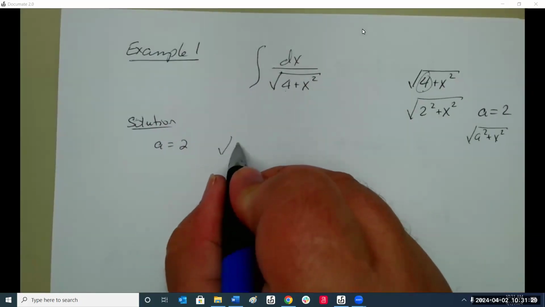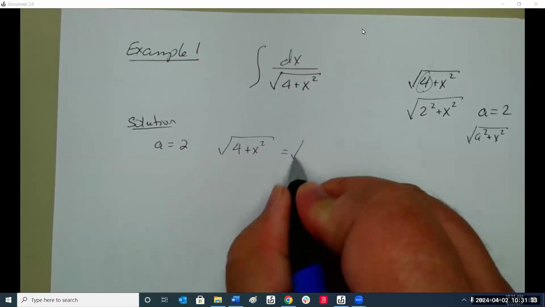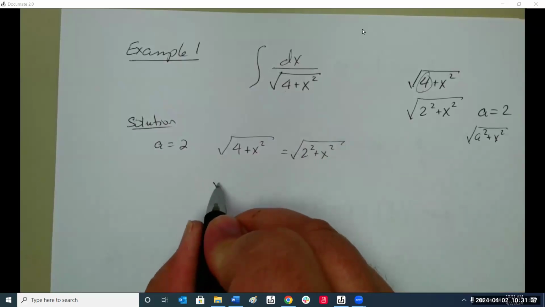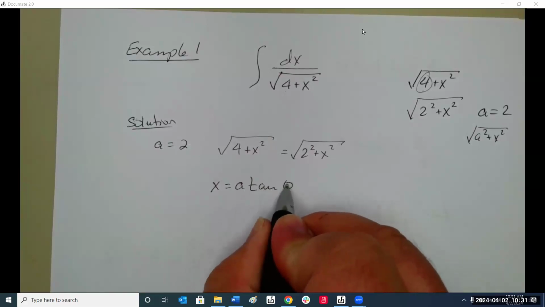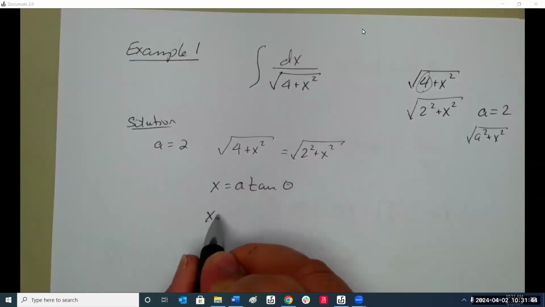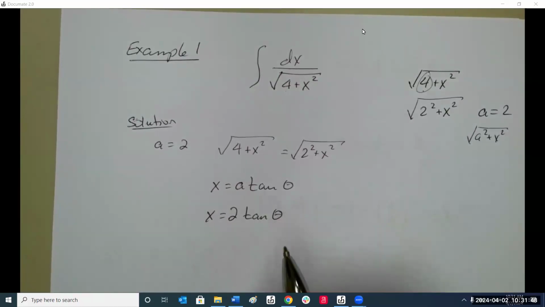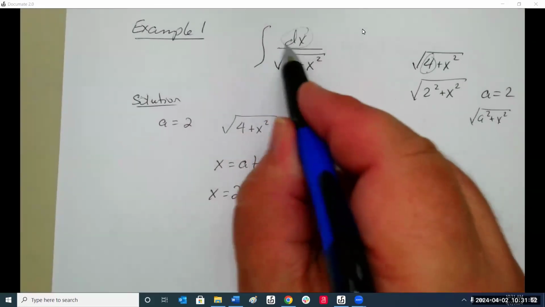And 4 plus x squared equals 2 squared plus x squared. Then we use x equals a tangent theta. Since a is 2, we have x equals 2 tangent theta. Now we have to find the derivative.